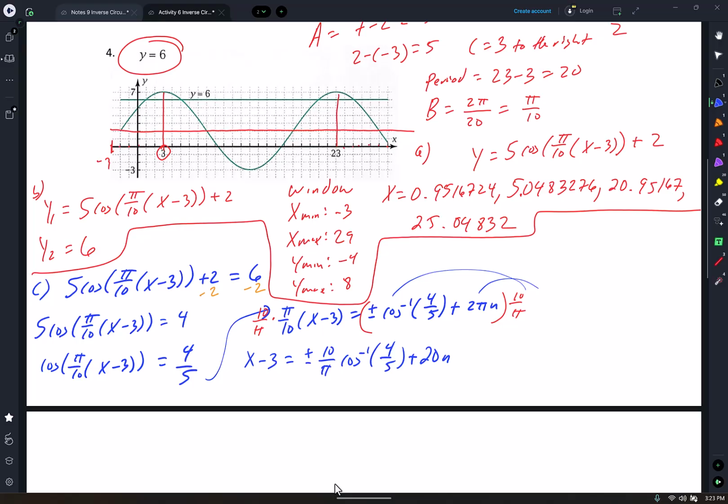That's how you check that you're doing it right. That should be the period. Last move, just move that 3 over. So x equals 3 plus or minus 10 over pi arc cosine of 4/5 plus 20n.